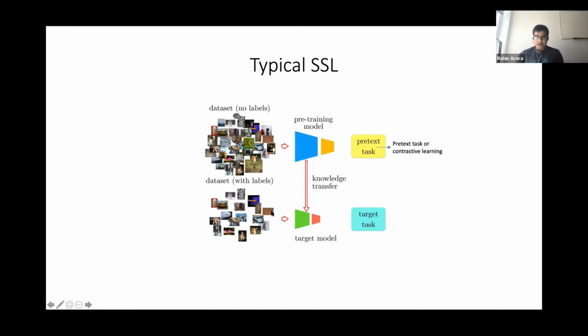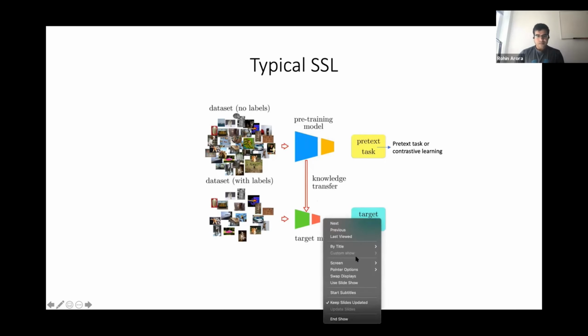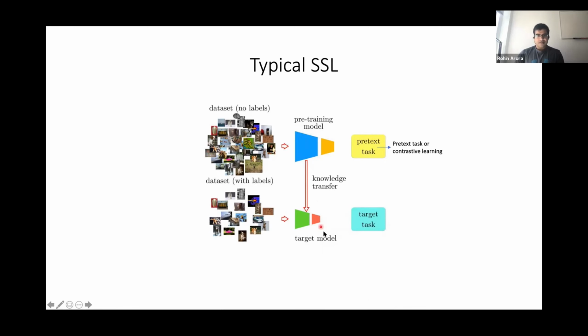For the downstream task, you have the actual labels, and then you fine-tune it by applying again an MLP or a classifier head. It can also be a regression head, which is shown by the red network.